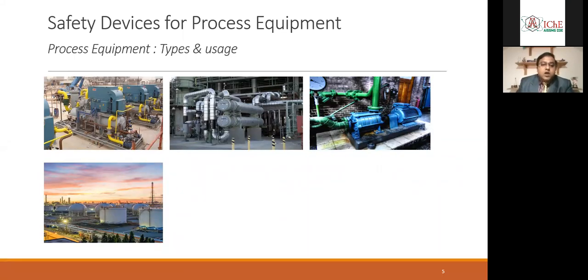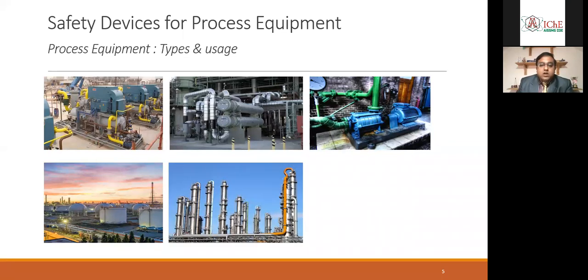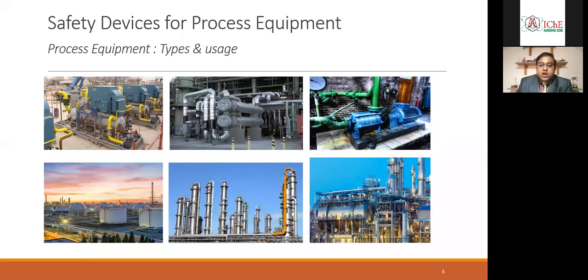The round spherical ones are bullets, used to store pressurized fluids like LPG or ethylene, and the other ones are normal hydrocarbon storage at atmospheric pressure generally. These are the distillation towers that I was talking about, the skyscrapers, and this is an example of a vessel. This is a horizontal vessel.